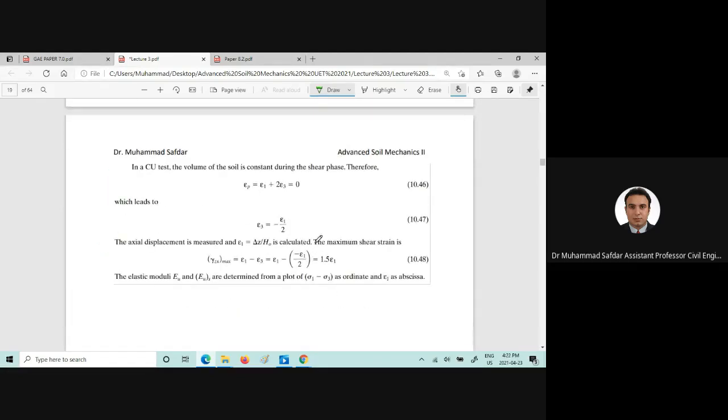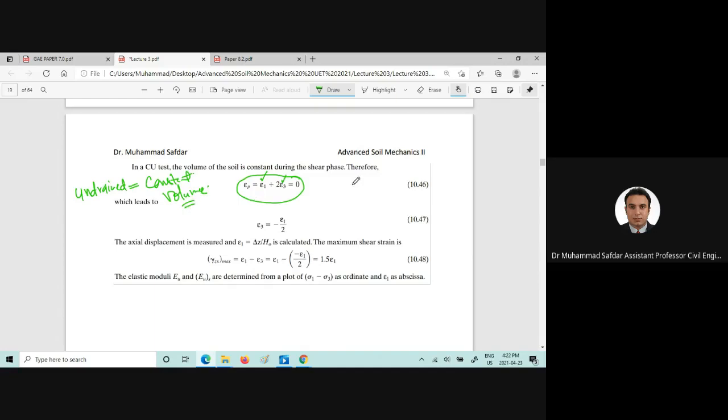For the volumetric strains, as we already know, there would be axial strains and there would be radial strains, but the undrained condition is achieved only and only when it is a constant volume test.